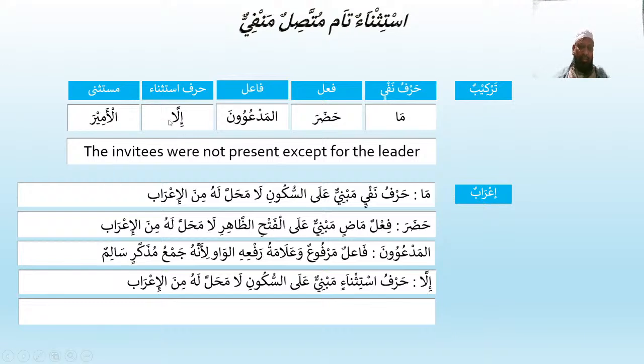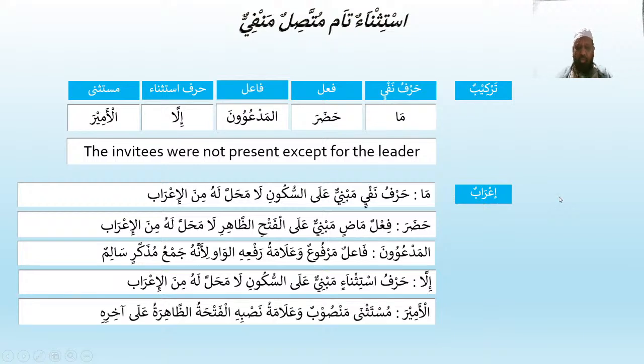Okay, can you do the i'rab of Al-Amira? What is the i'rab of Al-Amira? Right. Okay, ما شاء الله أحسنتم. الأميرة مستثنى منصوب وعلامة نصبه الفتحة الظاهرة على آخره.